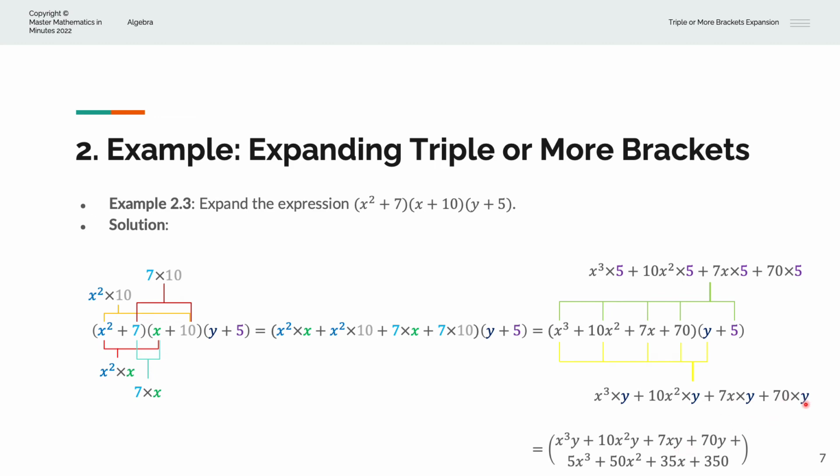And 70 multiplied by y is 70y. And plus, x cubed multiplied by 5 is 5x cubed. 10x squared multiplied by 5 is 50x squared. 7x by 5 is 35x. And 70 by 5 is 350.